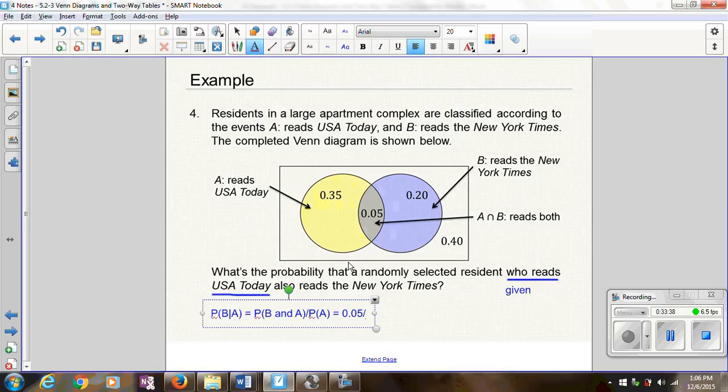Remember, 40% of residents read USA Today, so I've got to divide by 0.40. And if we do the division, we get a probability of 12.5%, or 0.125.